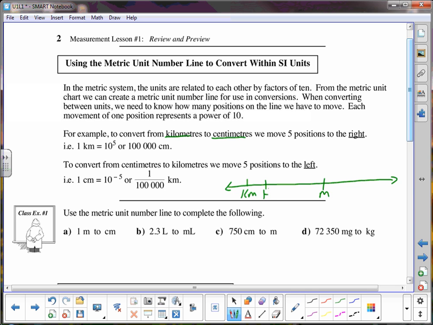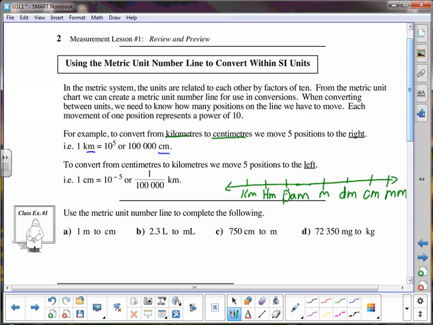Henry, hectometers. Daughter, that's our deca, D-A-M. Mary, that's our base unit, so meters. Died, here's our decimeters. Chasing, centimeters. Men, millimeters.